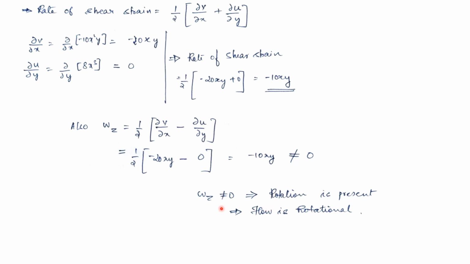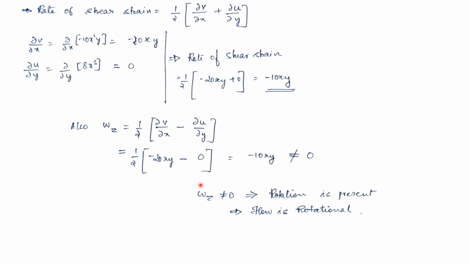The flow is rotational if wz is not equal to 0. If wz is 0, that clearly shows the flow is said to be irrotational.